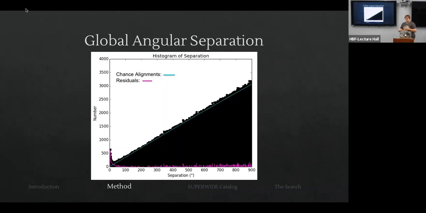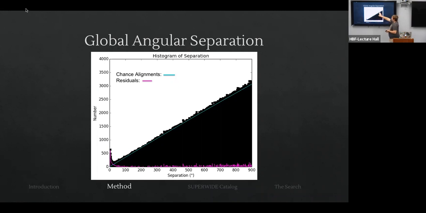I'm just going to walk you through our process for the angular separation and how we determined our probabilities. It's pretty much the same for the proper motion differences and the distance differences. We examined the angular separation distribution in this case. You can see I had this rising, basically linear distribution, although in some of the plots I was looking at it does become parabolic, but I believe that's more due to selection effects than anything.